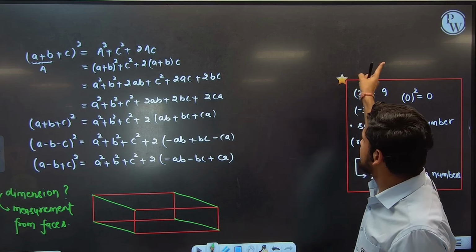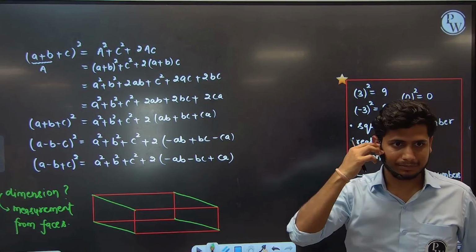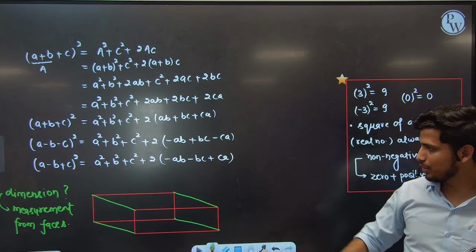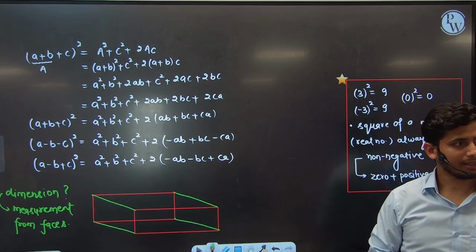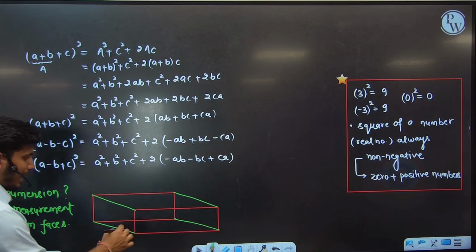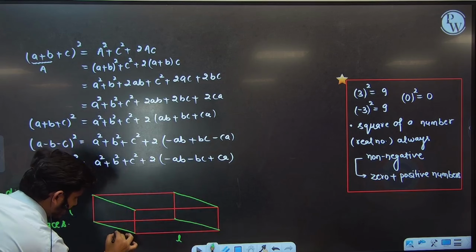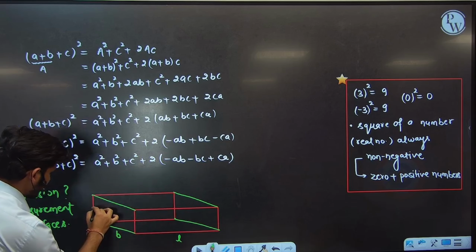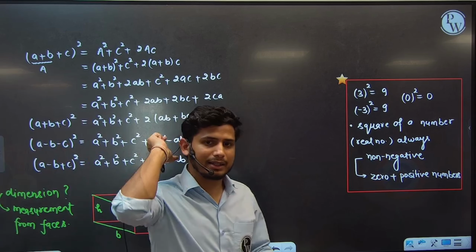And for this surface of wood, 2 dimensions, because length and breadth. So here are the 3 dimensions: L, B and H.